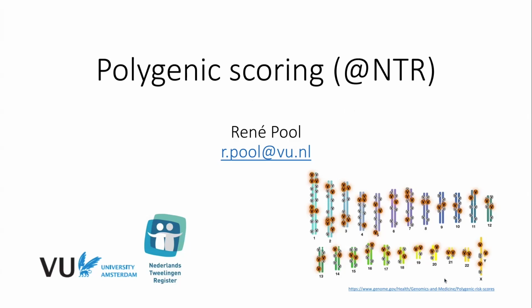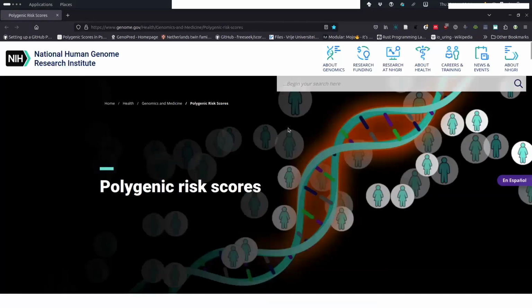On the bottom right, you see a link, and I'll click on it. It's an explanation of what polygenic scores are, but for the general audience, and I think it's a very informative website. So I'll just go over it.